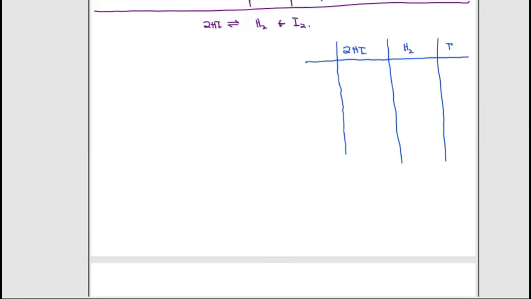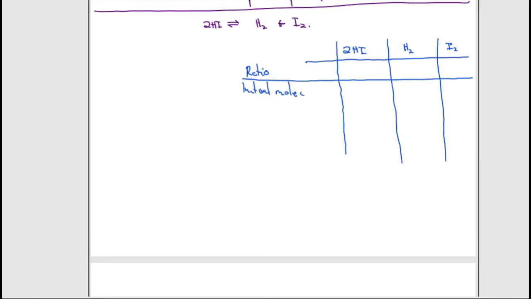Then the last one is going to be my I2. Okay, this is what I'm going to have. Then after that, I'm also going to formulate the different rows there. I'm going to say a ratio, the starting part there, then after that, I'm going to say initial moles.